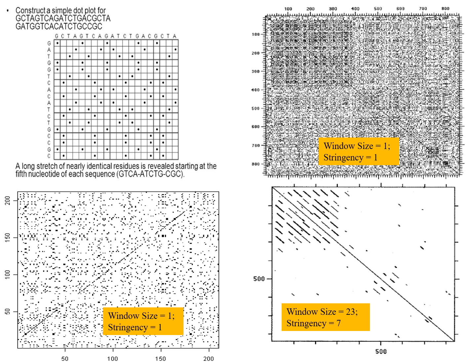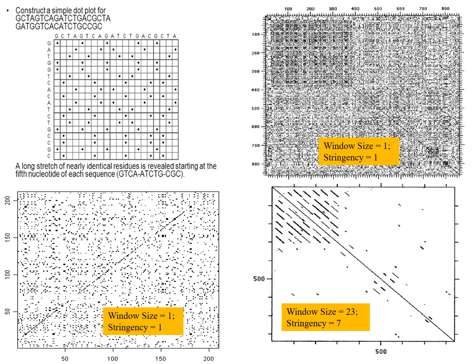So what is the drawback of having 1 as the window size and stringency? The drawback is you will have an image like the one on the right-hand side on top, and therefore it becomes very tricky to draw a diagonal. So you come up with a further better idea, where you select a larger window size and also a stringency value.